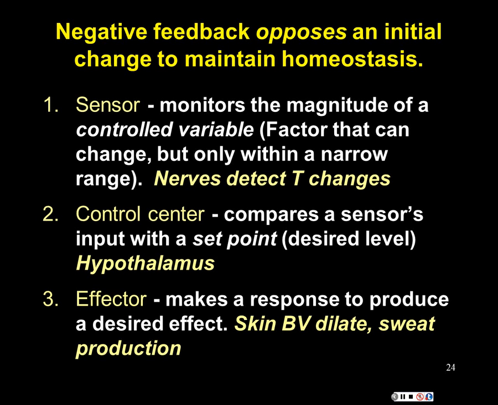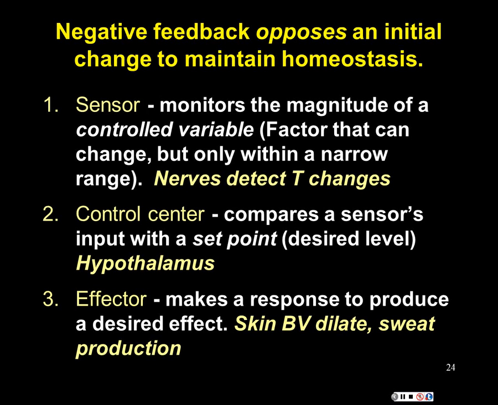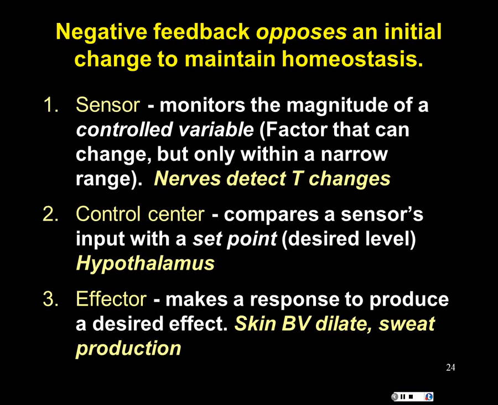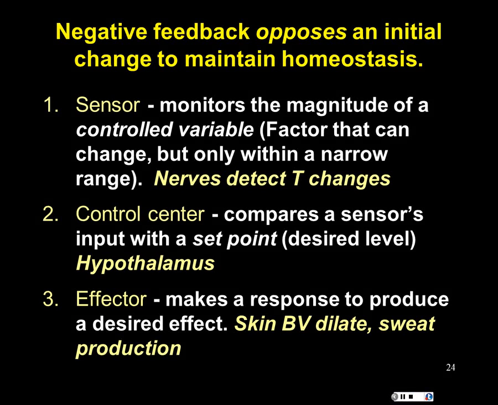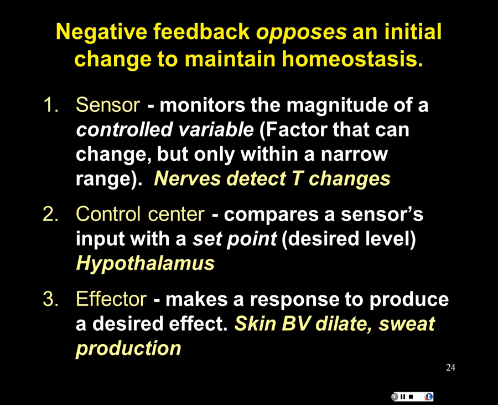So if you hop in a fire, your body will try to pull you down, but the fire's hotter than your ability to maintain. Yes, at some point there's a limit, but it'll always try one more time. It doesn't take a day off. Your body's going to do its level best to maintain homeostasis, despite what you do to it.